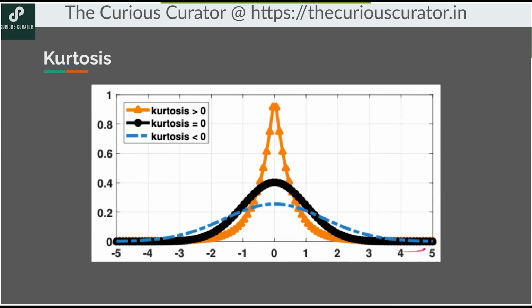So the fatter the tail, or the higher the tail, that's called the heavy tail. And if the tails are heavy, for example, here the blue distribution has a heavier tail, right? Versus the orange distribution. So basically you can see if kurtosis is positive or negative, then the tail is heavier or less heavy relative to a normal distribution, which is the black one. So that's what kurtosis is.